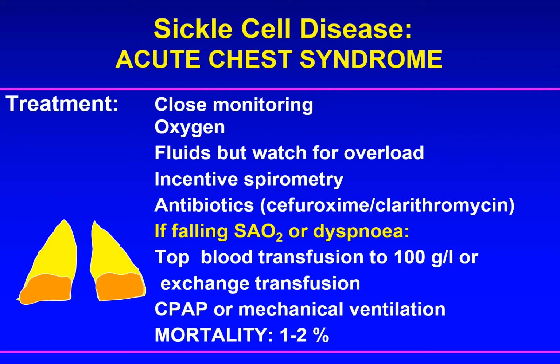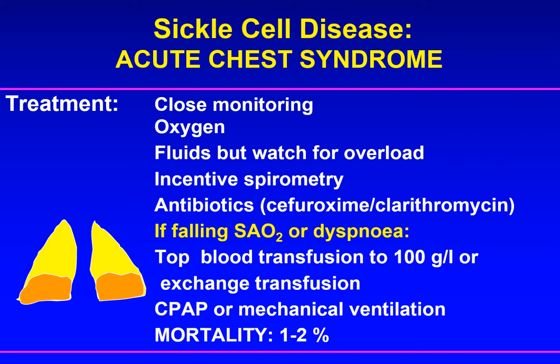However, if you top these patients up to 100 and they still remain markedly hypoxic and not improving, then they would go on to have an exchange transfusion in order to try to bring their sickle percentage less than 30%. Just doing a top-up can often reduce the sickle percentage to about 50%, and that may be enough to switch off the whole process. But if they're still not improving, then you may have to go on to have a full exchange transfusion.